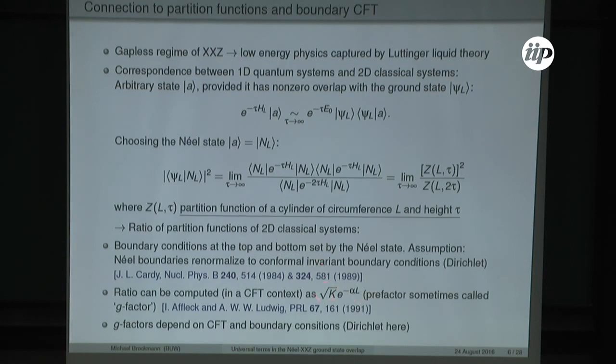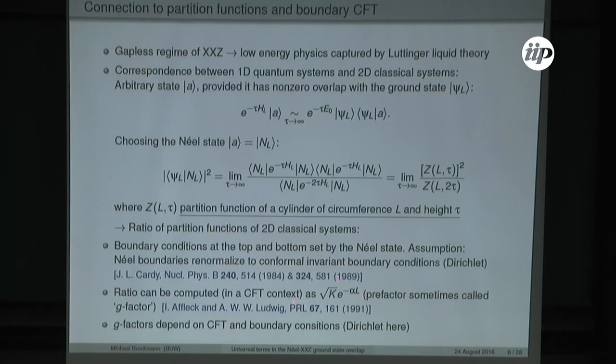In this context, these prefactors of this exponential decay are sometimes called g-factors, and they of course depend on the CFT and on the boundary conditions, but on nothing else. That's a claim.